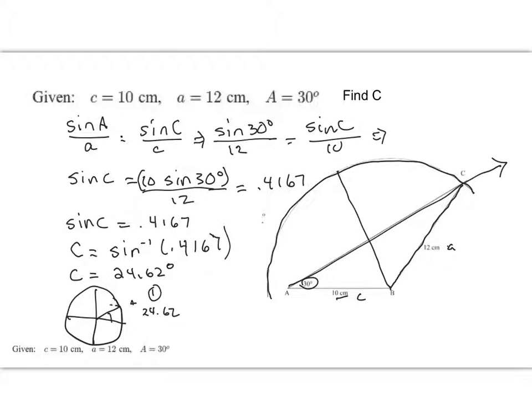In order to find the other place I could possibly have a positive y value with the same ratio, I need the reference angle. I'm looking for this angle right here. So again, I have to subtract 24.62 from 180.